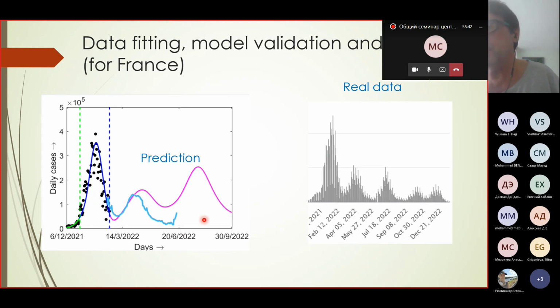I will not do an exact comparison now, but let us look at this right graph. This is all done for France. Of course, it should be done for each particular country. This large peak is Omicron, at the end of 21, beginning of 22, and it was calculated exactly here.